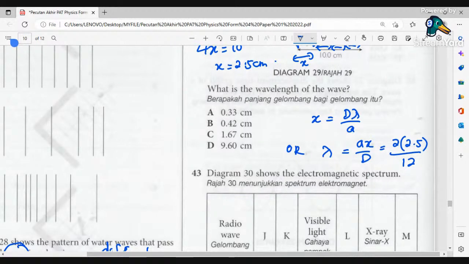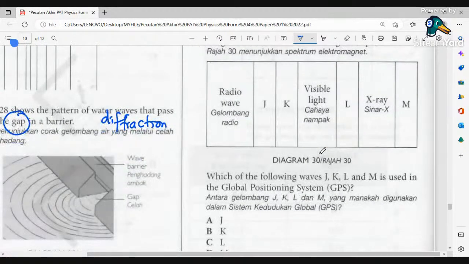Okay, so 42, the answer is 0.42 centimeter. Okay.